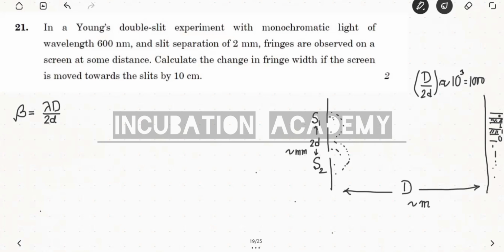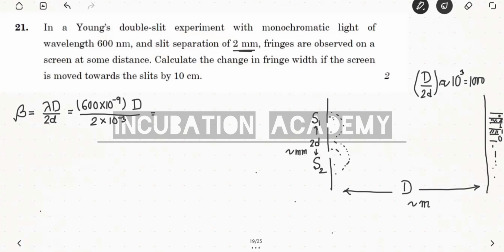So when light of 600 nanometer wavelength is used, that is 600 into 10 to the power minus 9 meter, and capital D is the separation between the slit and the screen, the value of 2d is 2 into 2 millimeter, so 2 into 10 to the power minus 3 meter.